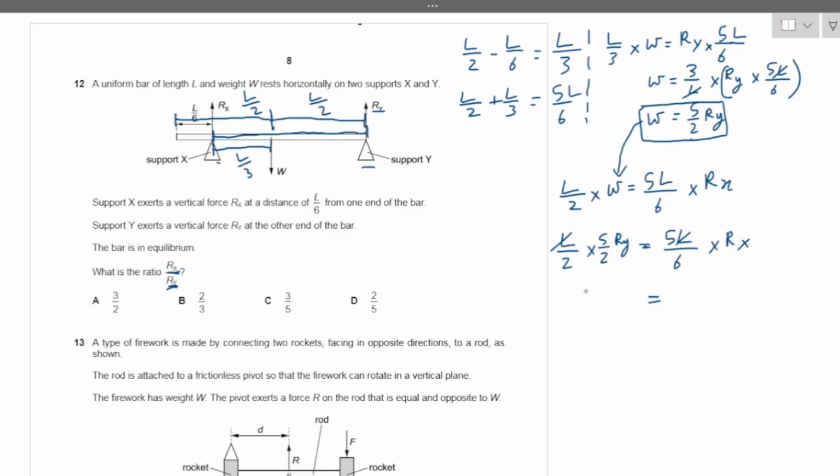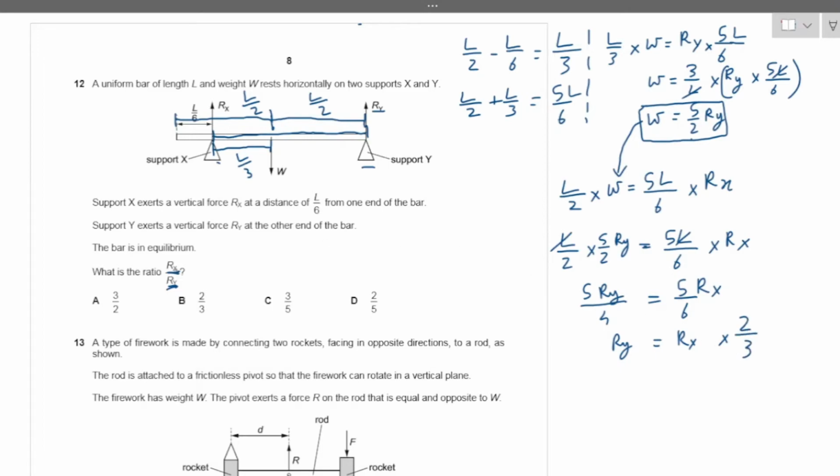That would be 5Ry over 4, and over here we would have 5/6 Rx. So Ry would equal Rx into 2/3.